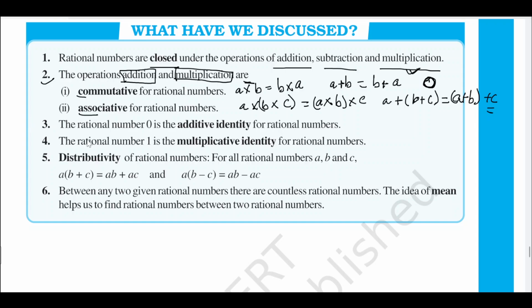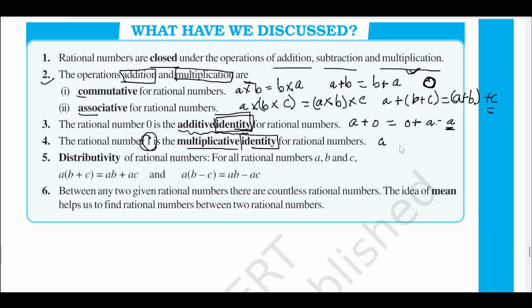Rational number 0 is the additive identity. Additive identity means if you add 0 to any rational number, it will be the same rational number. By adding 0, the identity is not changed. Similarly, 1 is the multiplicative identity. If you multiply any number by 1, it is not going to change.